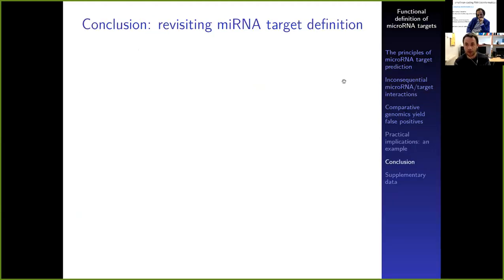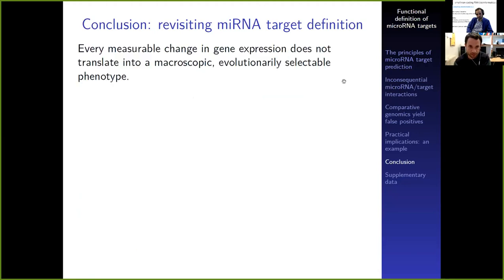All right, so as a conclusion of everything I've been showing today, you understood that we would like to revisit the definition of microRNA targets. For us, a microRNA target is not just an mRNA which is bound and repressed by a microRNA. This repression has to yield some macroscopic phenotypes.